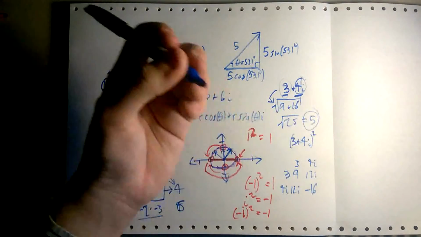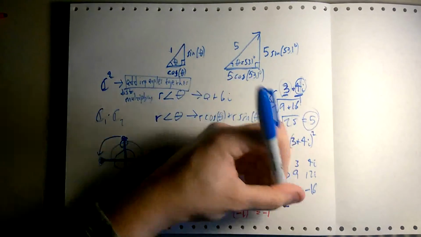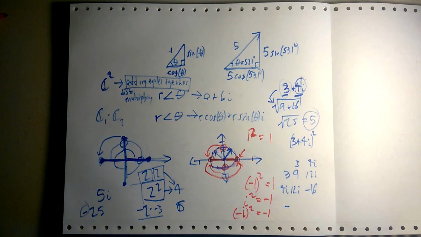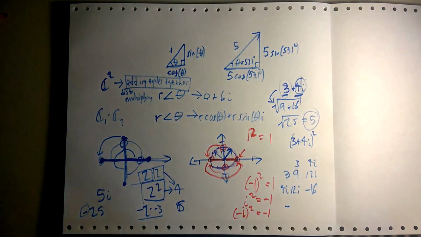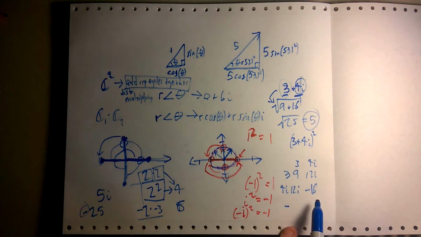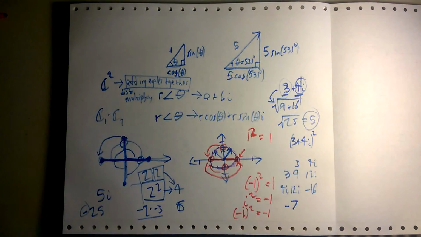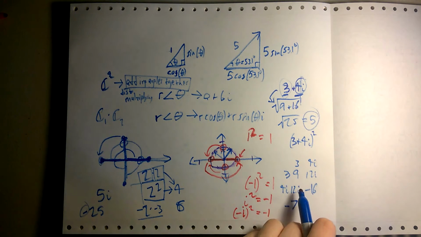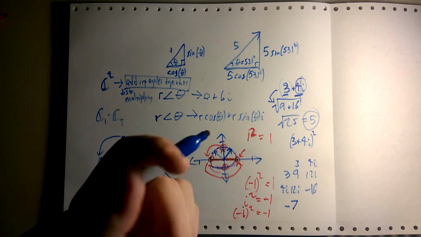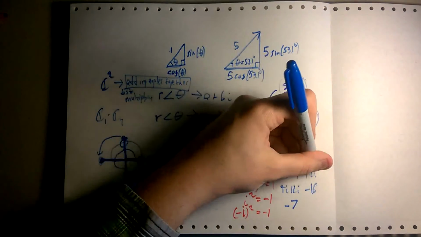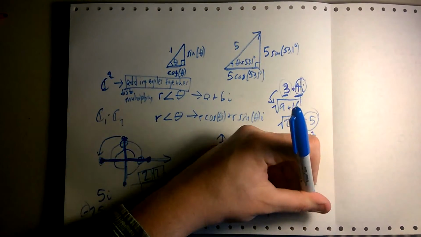So 9 minus 16 is negative 7. And then 12i plus 12i is 24i. So you get negative 7 plus 24i.